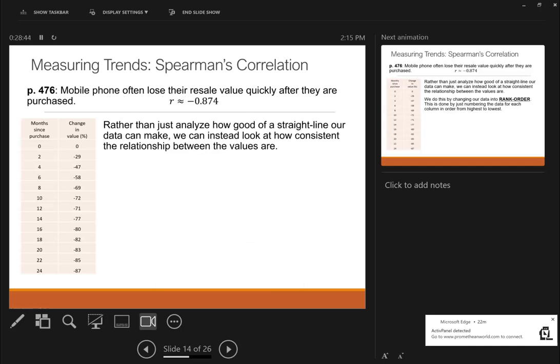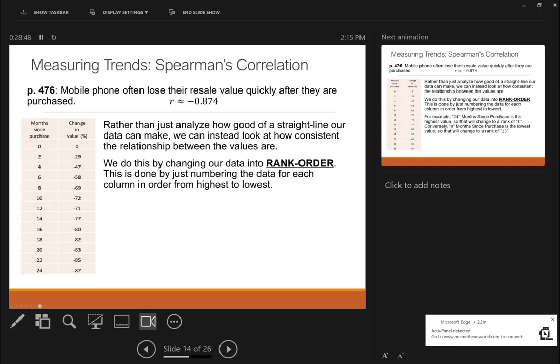Now let's calculate the Spearman. The first thing I'm going to do is convert my XYs into rank order data. To do that, I just relabel my X's and Y's in rank from highest to lowest.